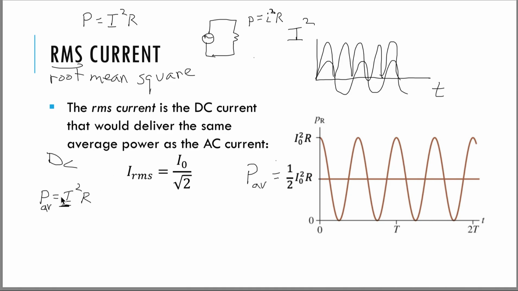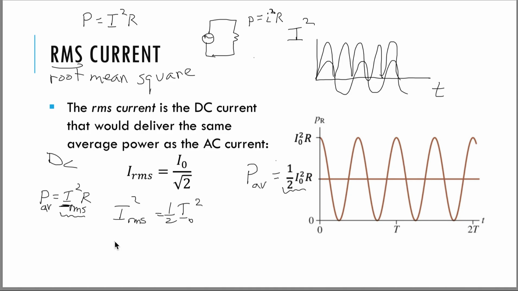Let's call this value the RMS value, and set whatever's in front of R here equal to what's in front of R in our AC circuit. If those two values are the same, then we're getting the same average power out of these two circuits. So I RMS squared is equal to 1/2 maximum current squared.